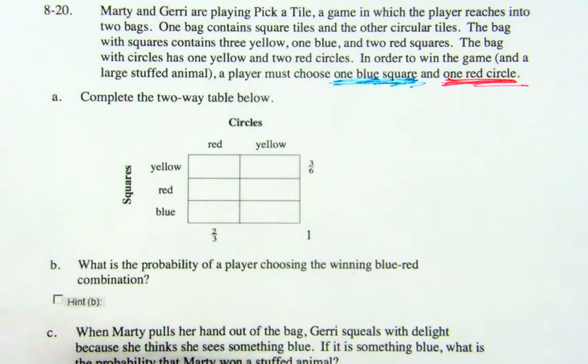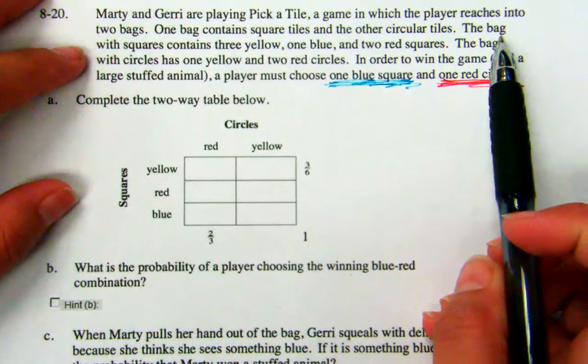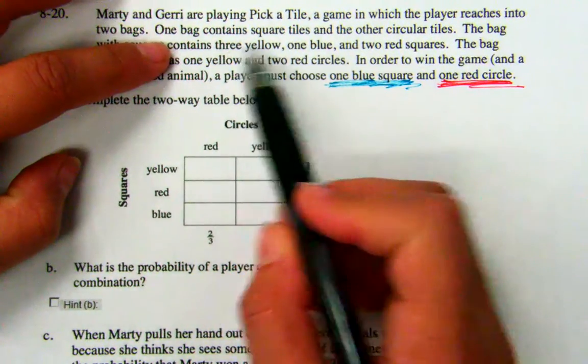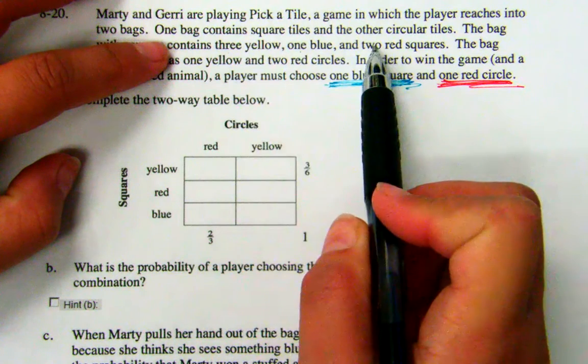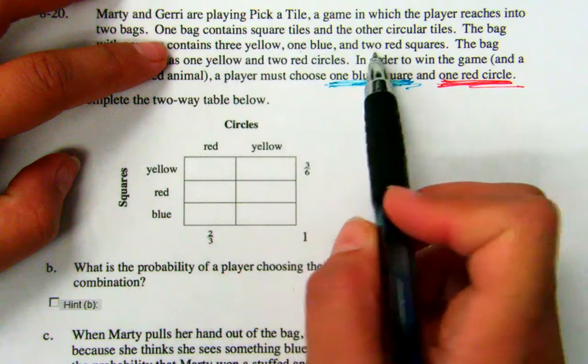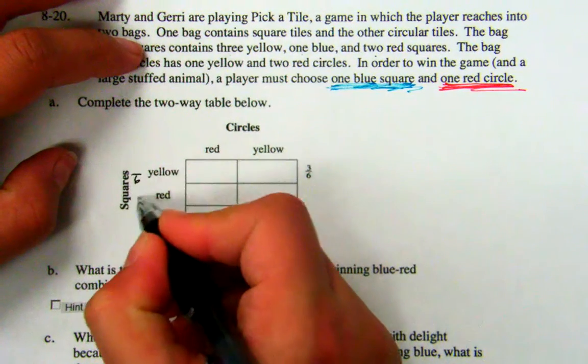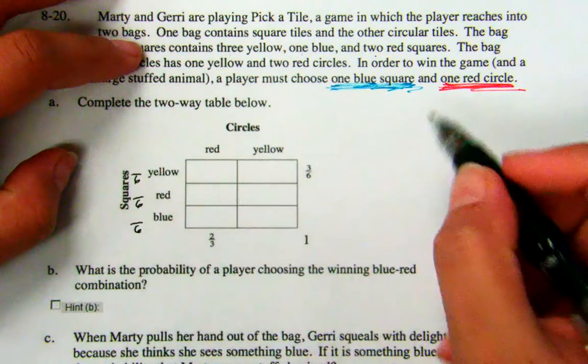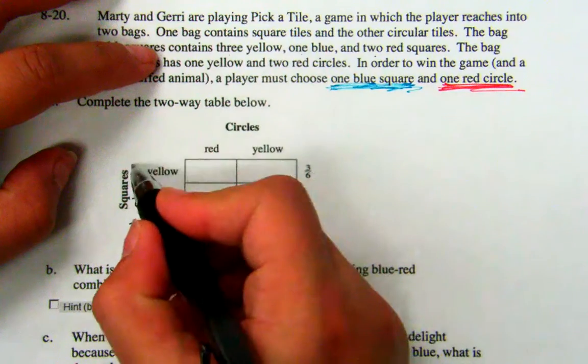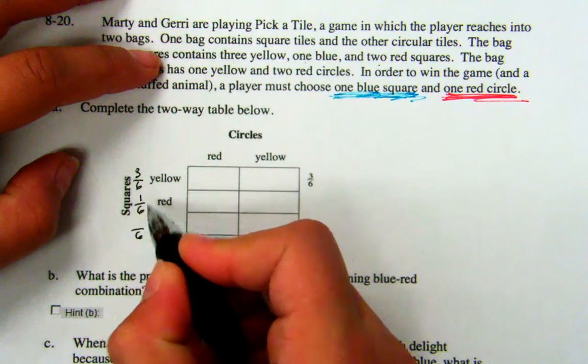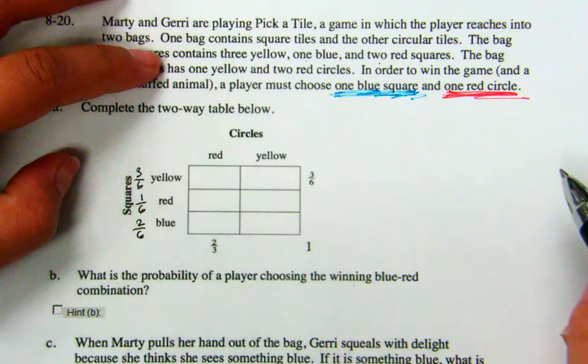Okay, so let's see, from the squares, 3 plus 1 plus 2. 3 plus 1 is 4, plus 2 is 6. So we have out of 6 for each of these, for the squares. 3 for the yellow, 1 for the blue, and 2 for the orange.